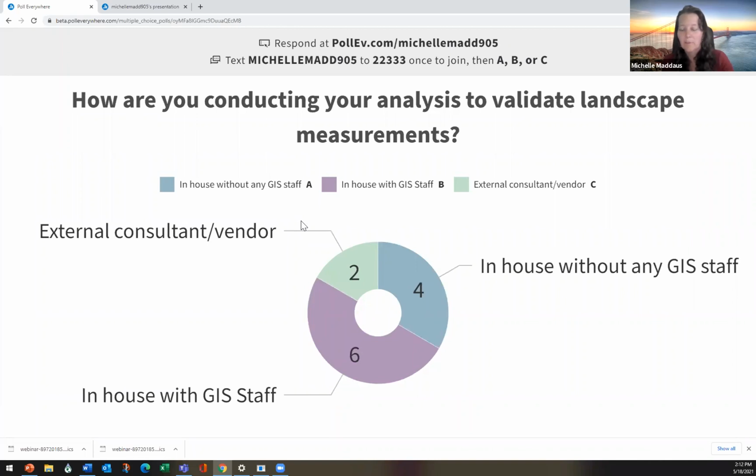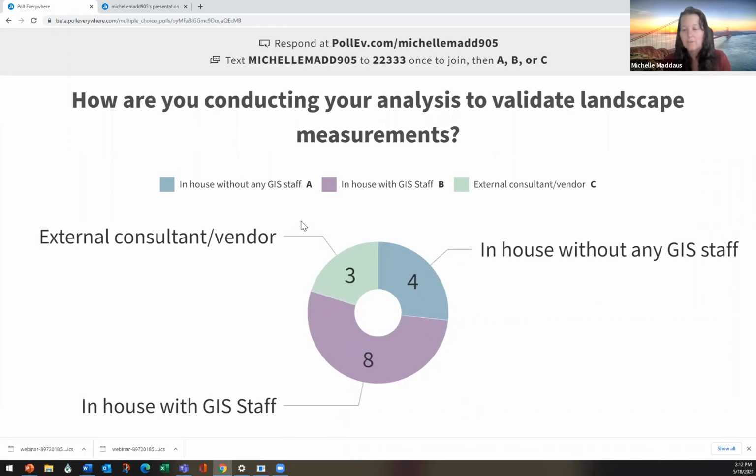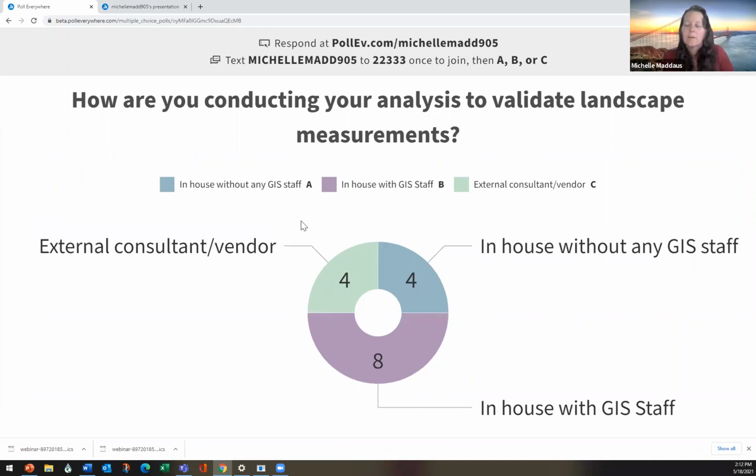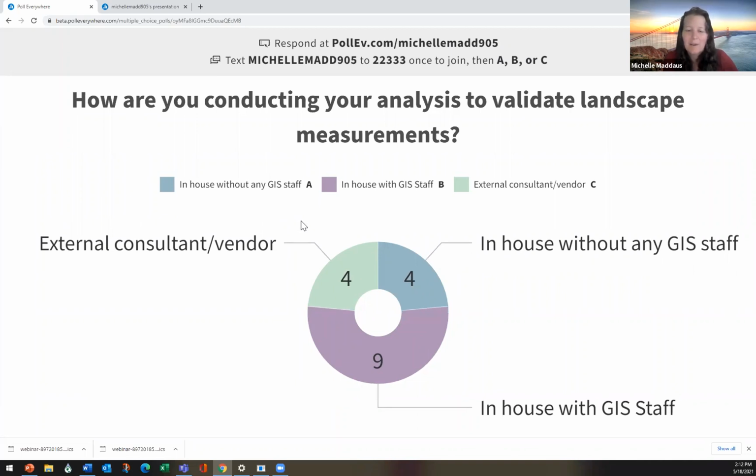And I know it's a little bit of a moving target. Some people didn't have consultants, but now they do. So we thought we would ask the question and see. Yeah, I kind of figured we were going to have a little bit of everything. So right now at the point we have, it looks like nine people doing it in-house with GIS staff, 4 people in-house without GIS staff, and 4 people using an external consultant or vendor. So a little bit of all of the above.